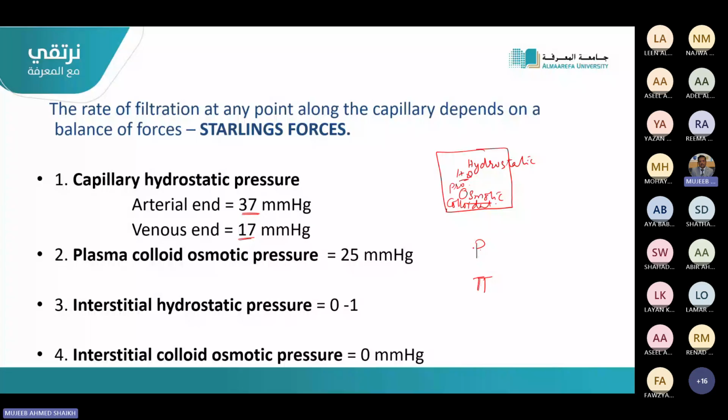They are represented by two different signs. P is for hydrostatic pressure, or you can say simply the blood pressure. Whereas pi is the sign for colloidal osmotic pressure.